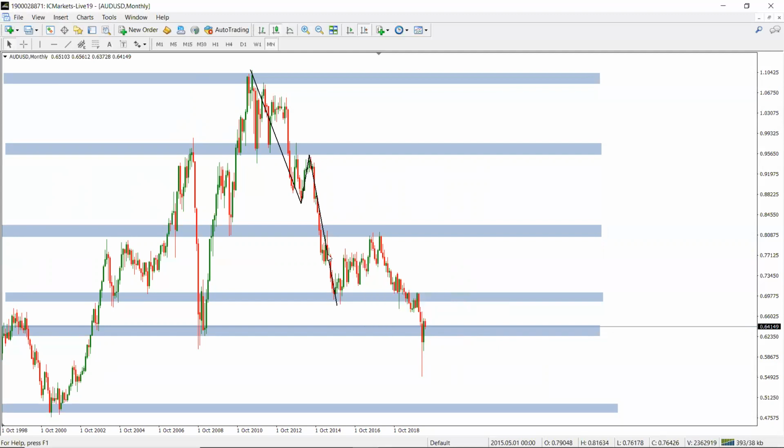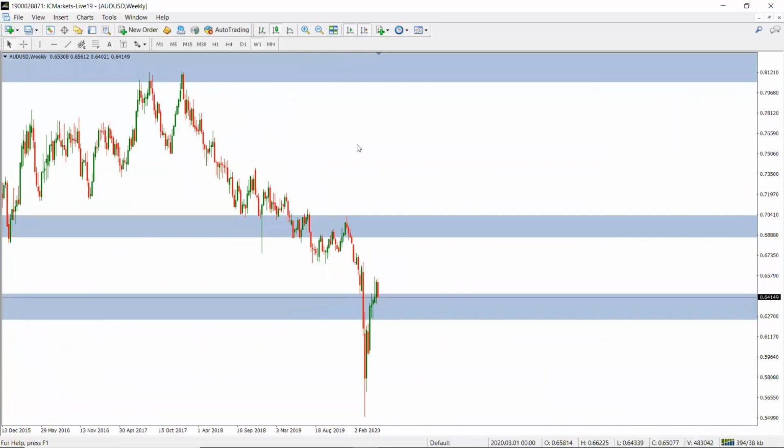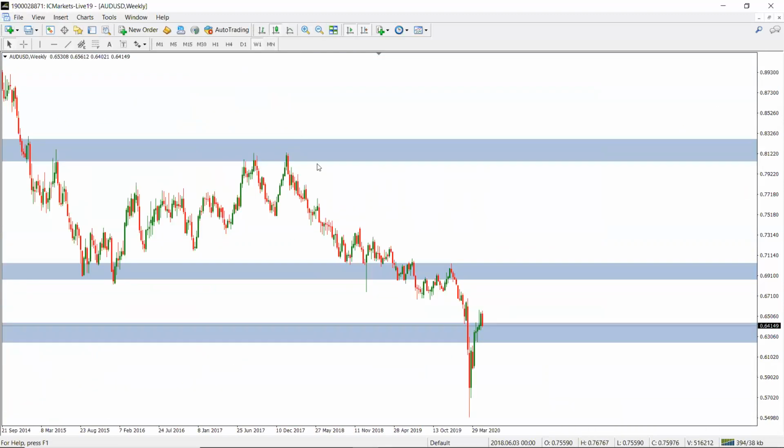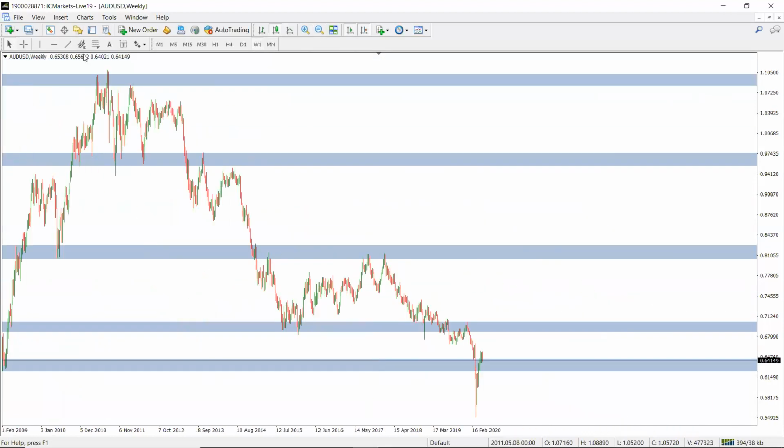These are monthly biases. So let's go to the weekly time frame and see what is happening there. Bring your price back to the weekly time frame. Remember, we've already established the fact that price is trading on a lower high pattern, right?